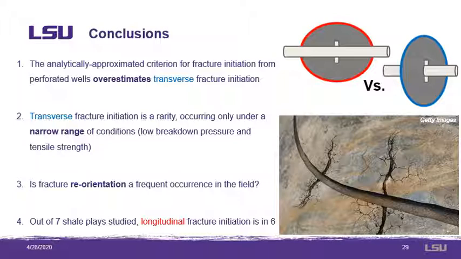Transverse fracture initiation is a rarity, which occurs under a narrow range of conditions pertaining to low breakdown pressure and tensile strength. Fracture reorientation is something that appears to be happening a lot in the oil field, with 6 out of 7 shale play studies using the numerical model expected to yield longitudinal fracture initiation.